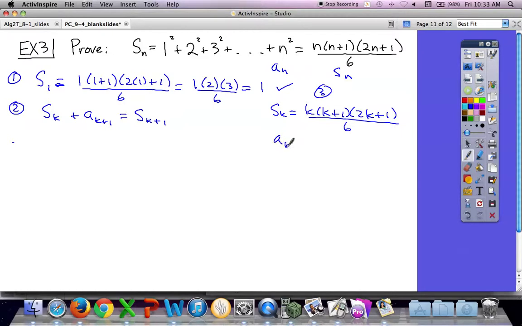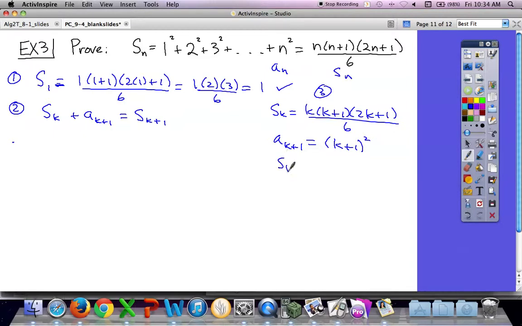How do I find ak plus 1 if ak is n squared? Put in a k plus 1. It's k plus 1 squared, not k squared plus 1. Replace the n with a k plus 1.